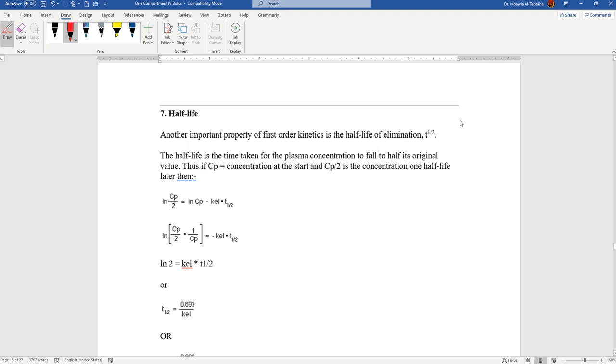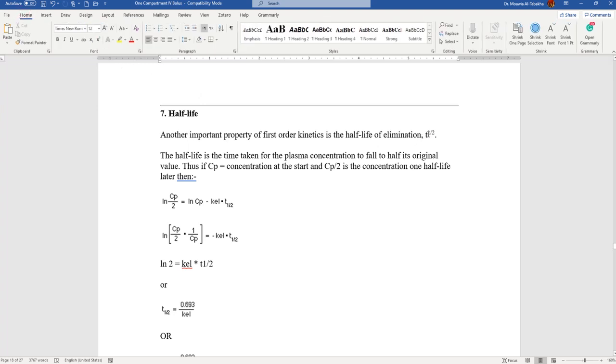Okay, now we are going to talk about a new concept. We referred to it before, and that is the half-life of the drug, or we sometimes call it biological half-life or elimination half-life.